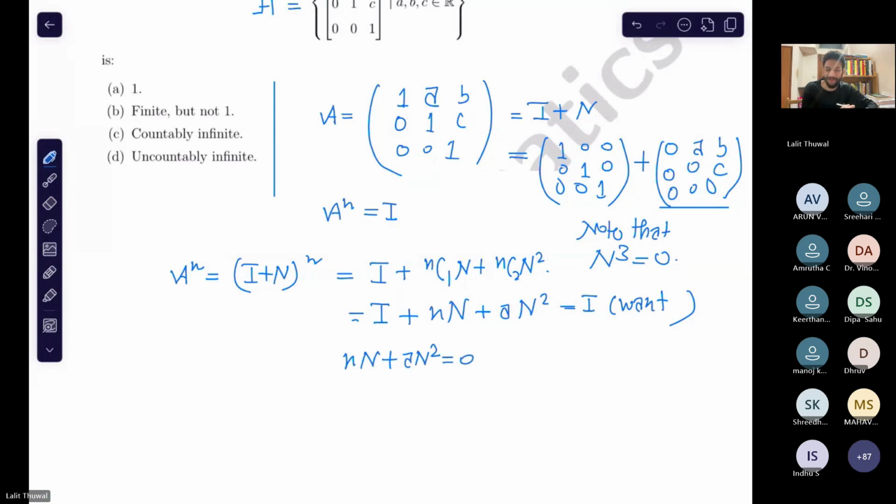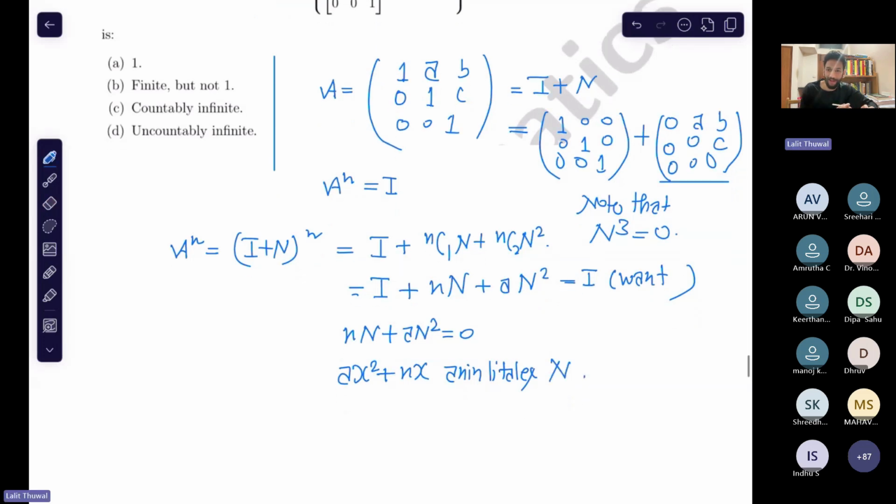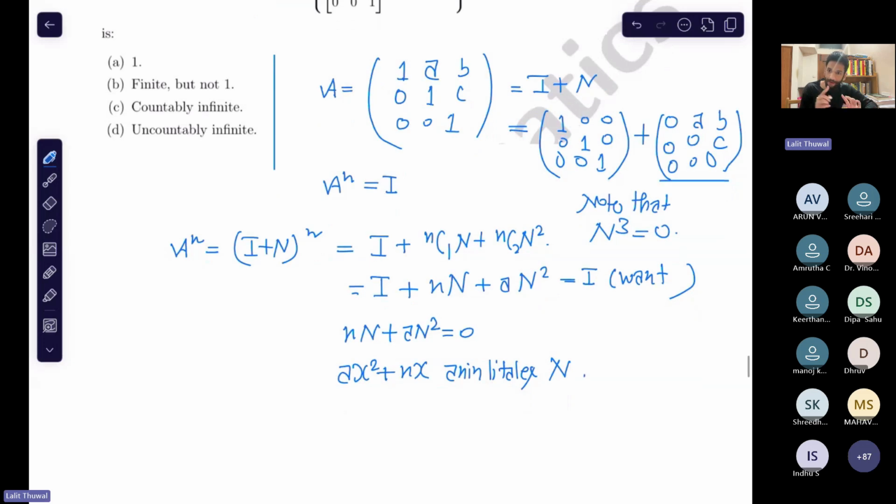Here n and A both are non-zero, so this polynomial annihilates N, your matrix N. We will take A not equal to identity, because we know that the order of identity is 1. We are searching for the order of a non-identity element.